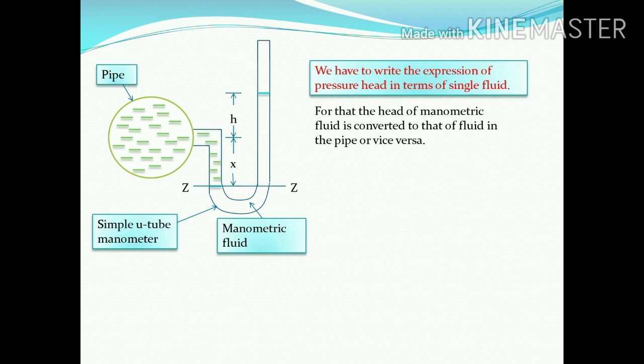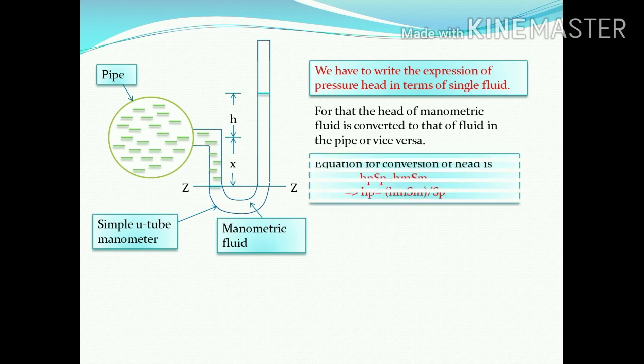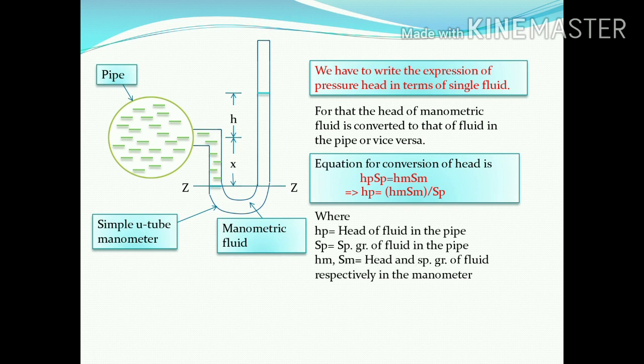We have to write the expression of pressure head in terms of a single fluid. For that, the head of manometric fluid is converted to that of fluid in the pipe or vice versa. The equation for conversion of head is Hp Sp is equal to Hm Sm.